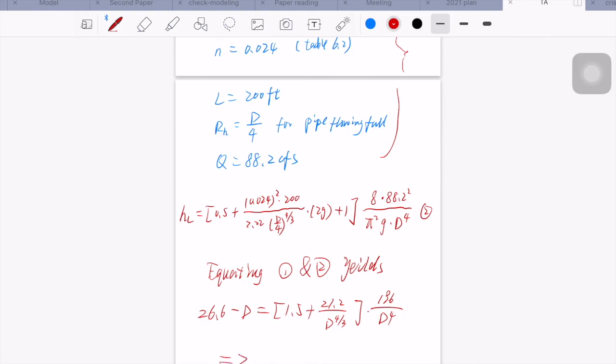So we can determine D equals 2.75 feet. So this is the diameter of this pipe for classification B.